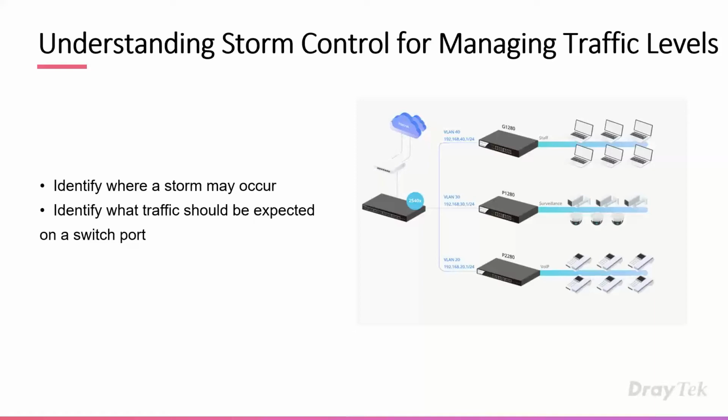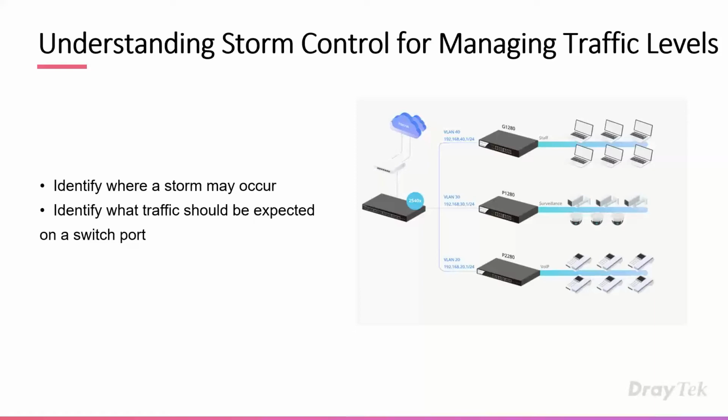Referring to these graphics, first things first, we need to identify where it's suitable to enable storm control. We don't want to have that enabled on the voice VLAN, for instance, since on the voice VLAN, we only have IP phones with a predetermined behavior on the network. But it makes more sense to have that enabled on the switch where the users are residing.